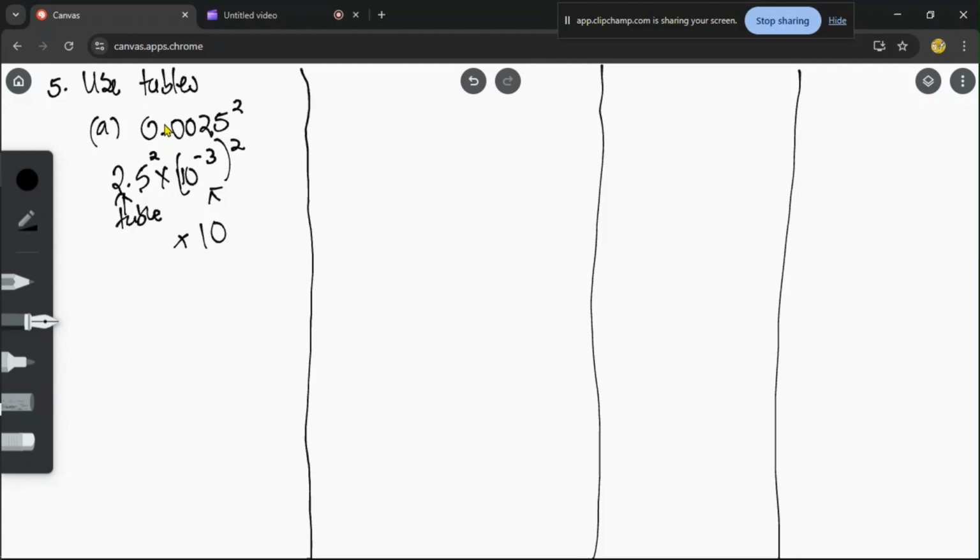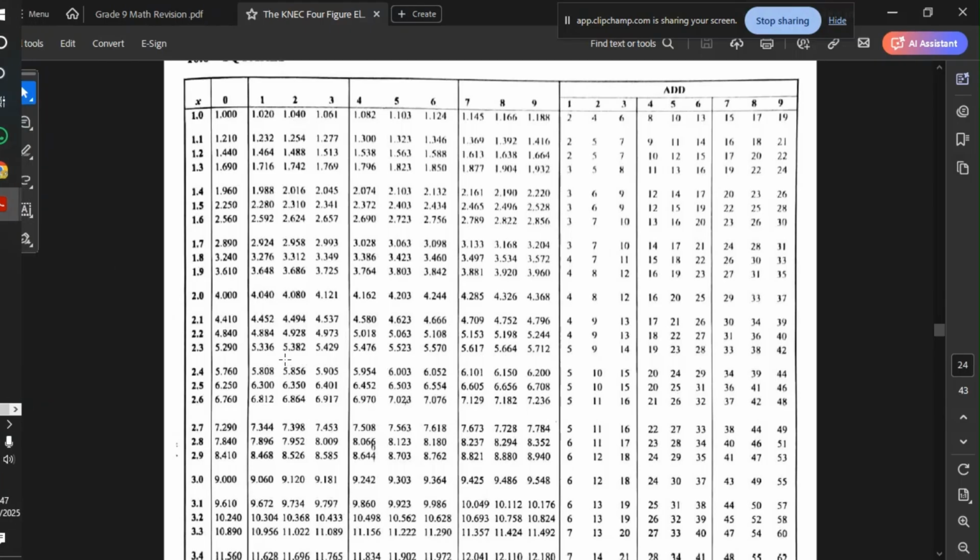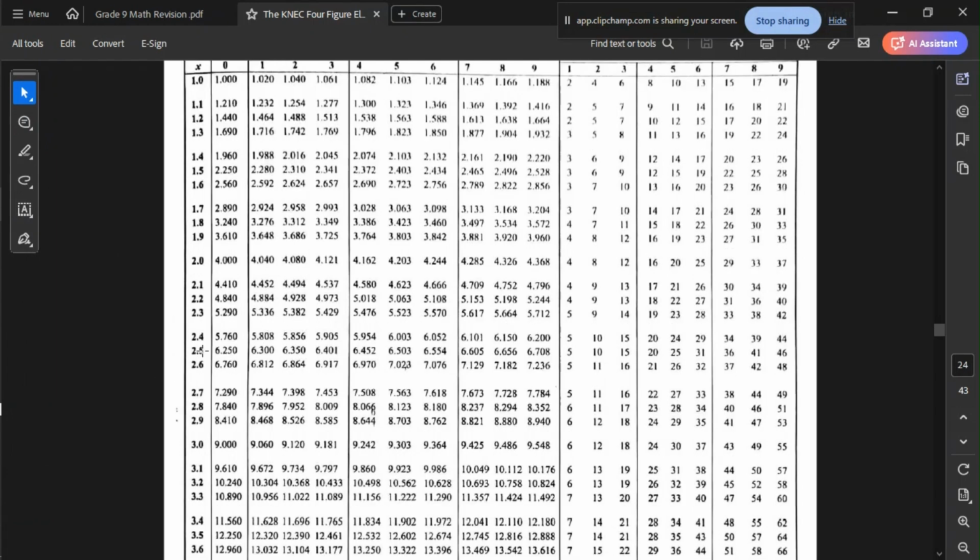Negative 3 multiplied by 2 gives negative 6. Then for 2.5 from the table, I go to where you have 2.5. There is no other number, so I'll pick the one that is 0 here.